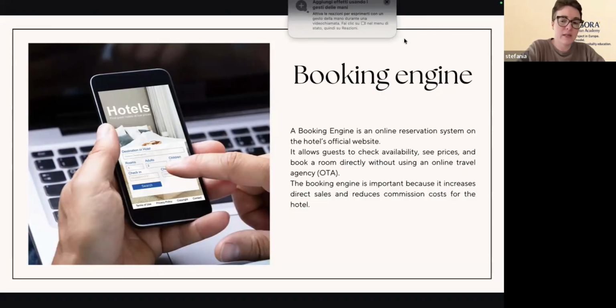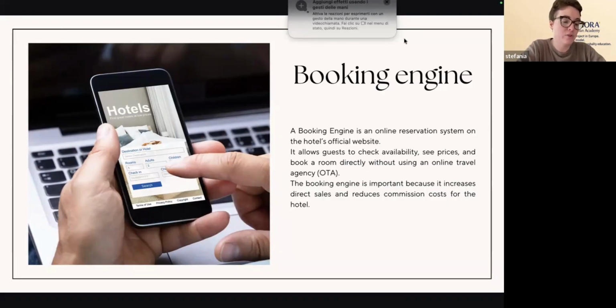Usually, if you book directly on the hotel's official website with Booking Engine, there is a better rate. Not always, but hotels which manage their rates correctly between OTAs and Booking Engine used to give a discount if you book directly.